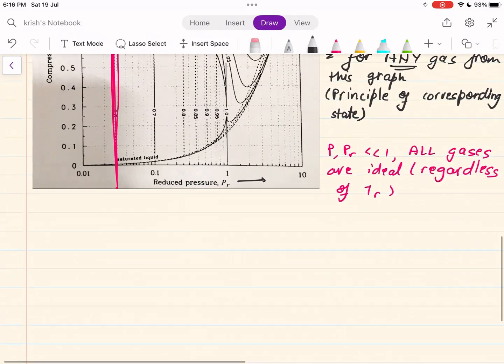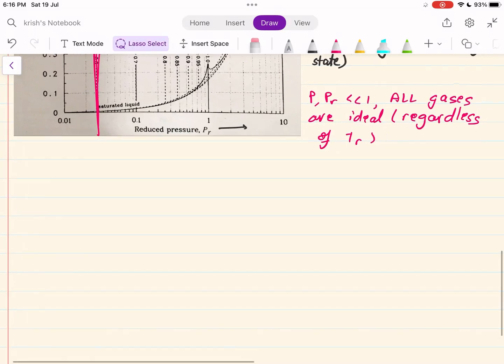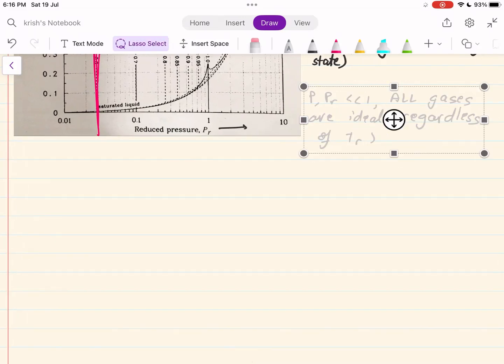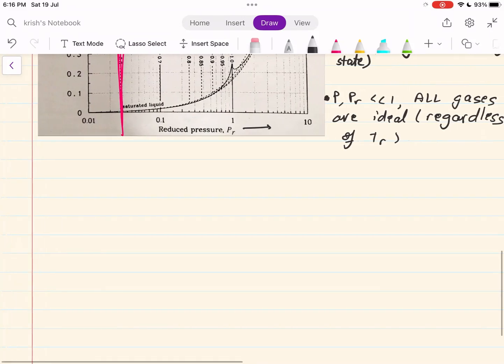Okay. Another statement that we can make is that you don't need to remember this one, but this one you should remember.